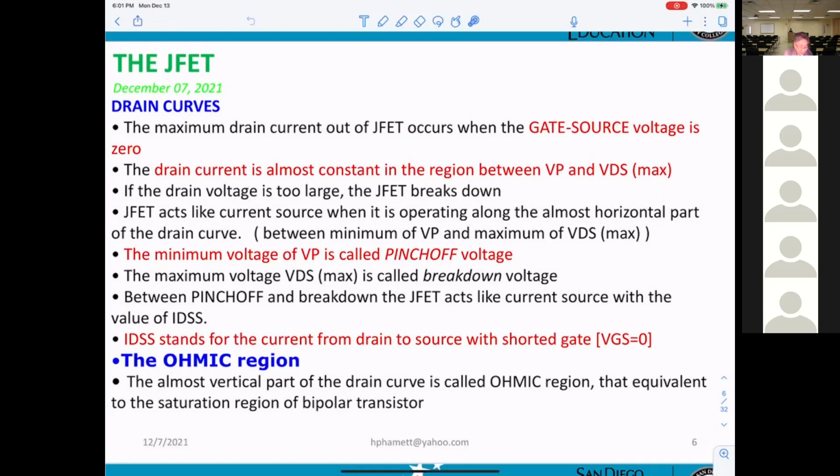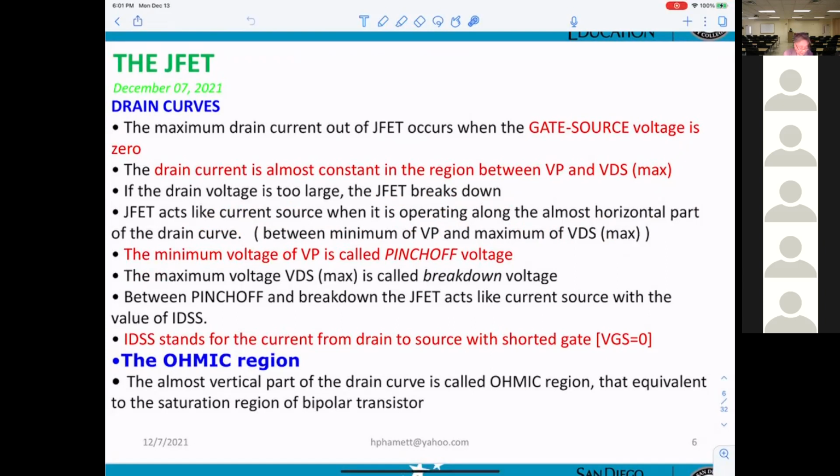If the drain voltage is too large, the effect will be breakdown. The JFET acts like a current source when it is operating along the almost horizontal path of the drain curve. That means constant between VP and VDS max.